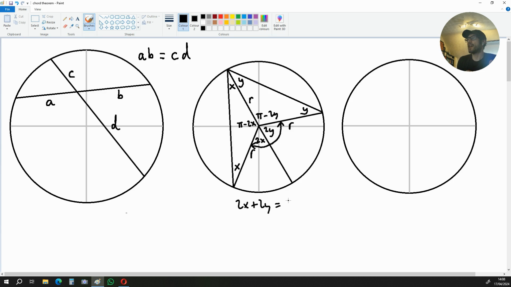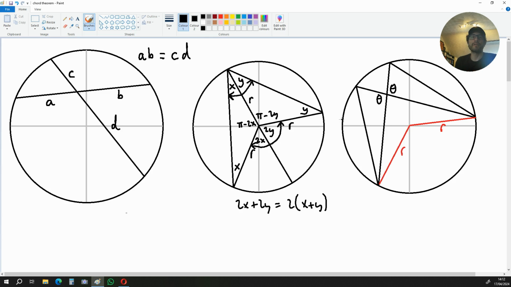But factorized, that is 2 times (x plus y). So we've proven that this angle over here, 2x plus 2y, is double the angle up here, which is just x plus y. So we have the first part of our proof.